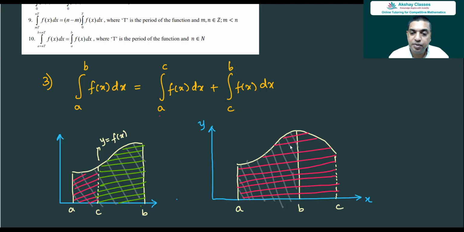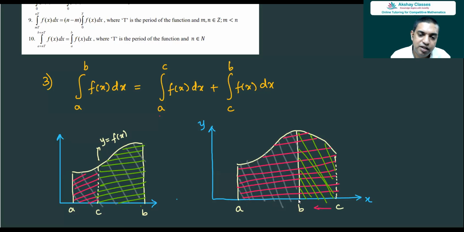Then from c to b, now c is outside. So when you do c to b, from the second property, this will be a negative value as compared to b to c. So this integral c to b f of x dx will cancel out this integral b to c f of x dx.